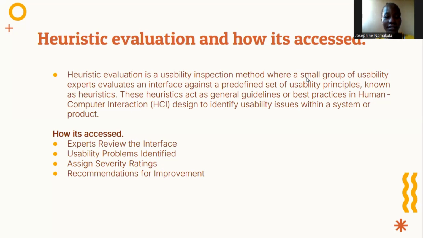They can also assign severity ratings to each identified problem, from minor to critical, to prioritize fixing the most impactful issues. There are also recommendations for improvement. Based on the evaluation, the experts provide suggestions for refining the design to make the system more usable.